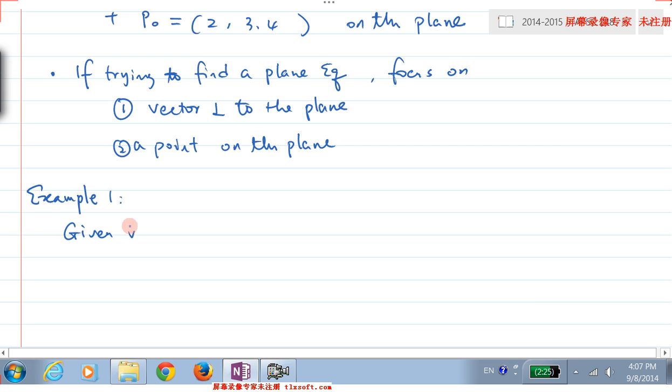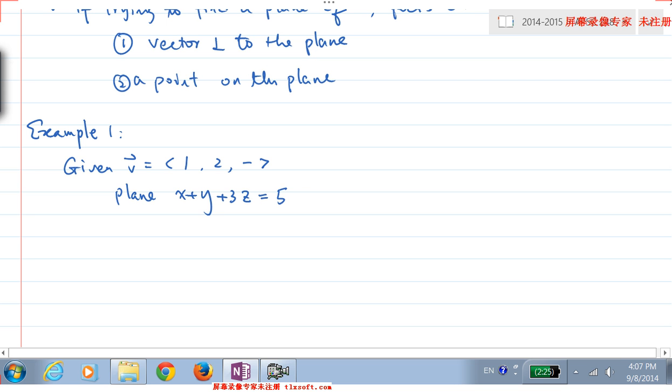I'll give you vector V and the plane. When you solve all of the following questions, you have to bear in mind the applications of dot product and cross product. So the question here is about V and the plane.